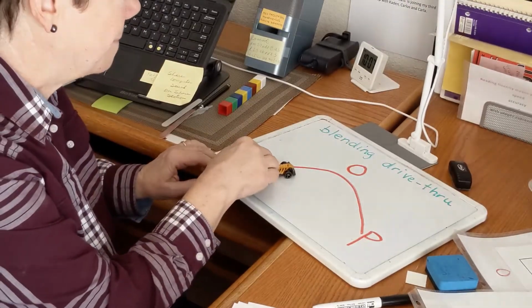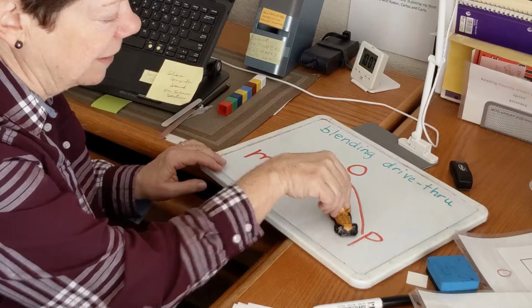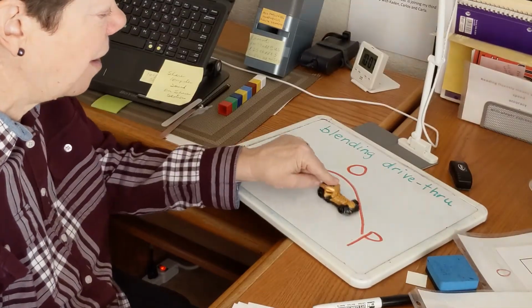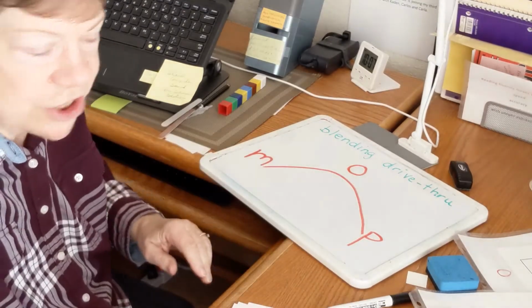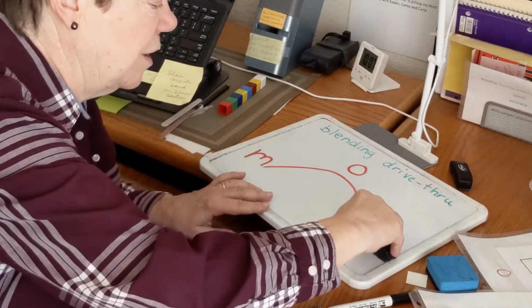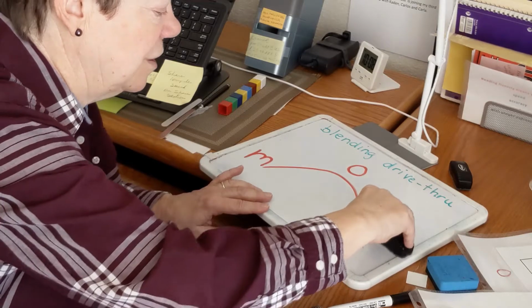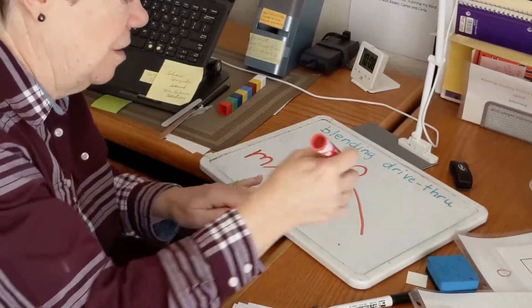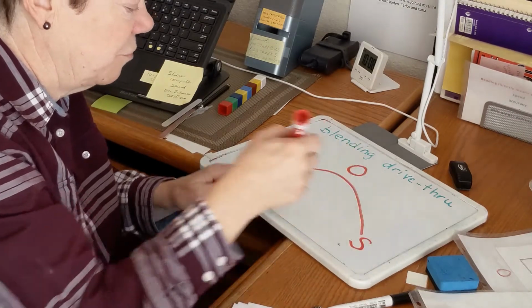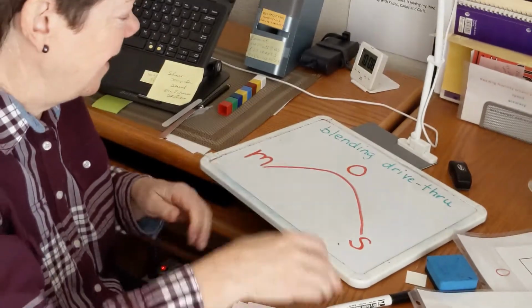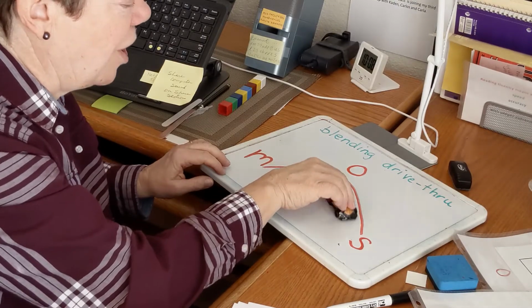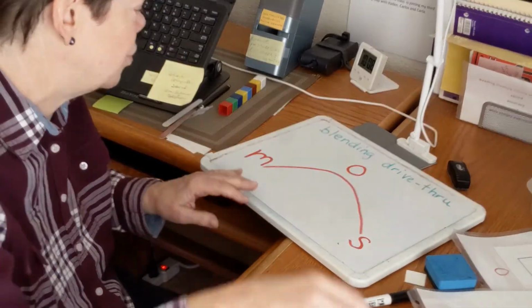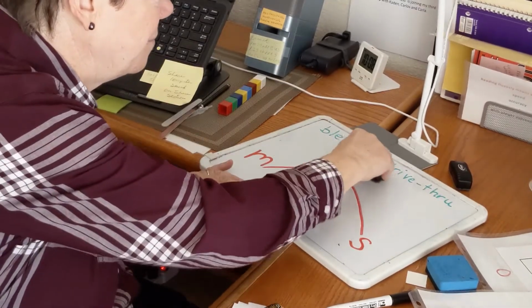So you're doing mop, like that. And they see it on the screen, mop. Then, of course, maybe change the last sound. And then maybe try moss. All right, then moss, like that, okay? Then maybe change the middle sound.